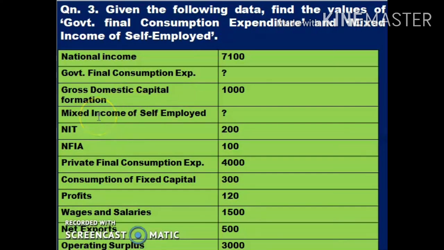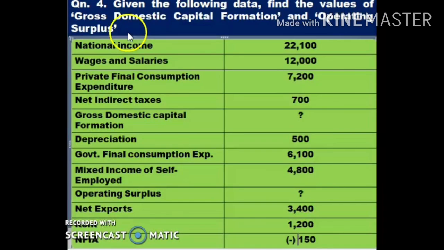So I will be giving you that question as homework, students. In this question you have to find gross domestic capital formation and operating surplus. You can find operating surplus by the income method, and gross domestic capital formation by the expenditure method.